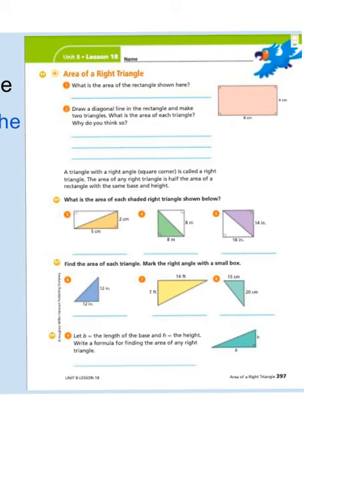So if you know how to find the area of a rectangle, you will be able to figure out how to find the area of a right triangle because they are directly related. So I'm just going to move to a part of the paper where we can do some examples.